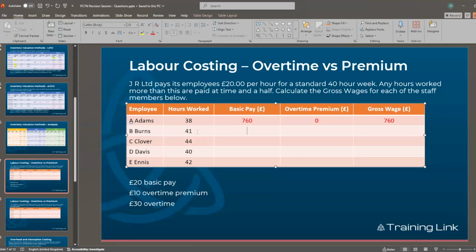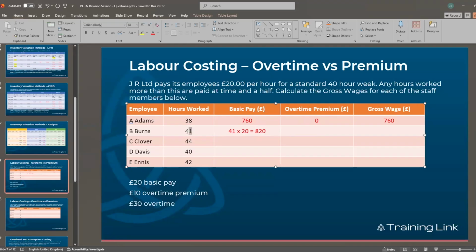With B Burns, we've got 41 hours worked. Because we've got an overtime premium here, we're going to do 41 times 20, which should give us £820 for the basic pay.